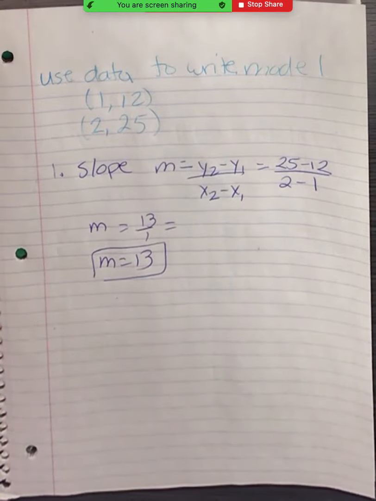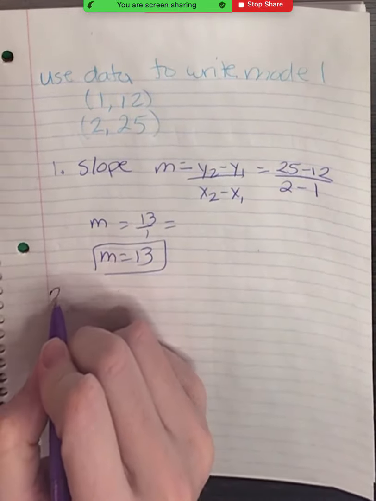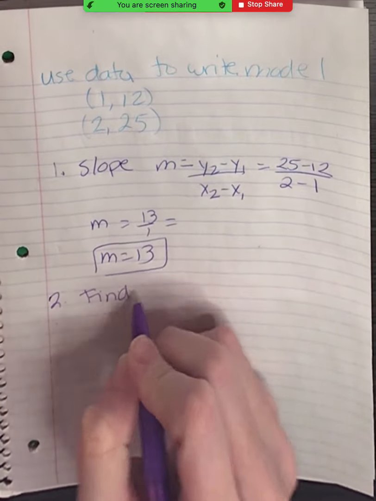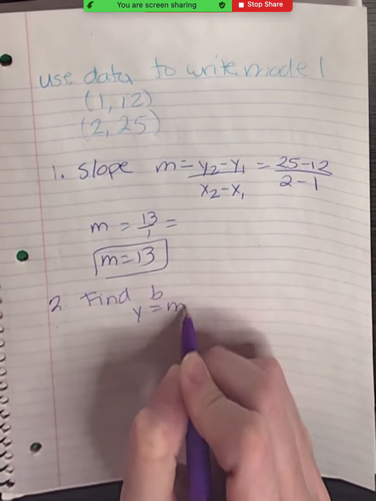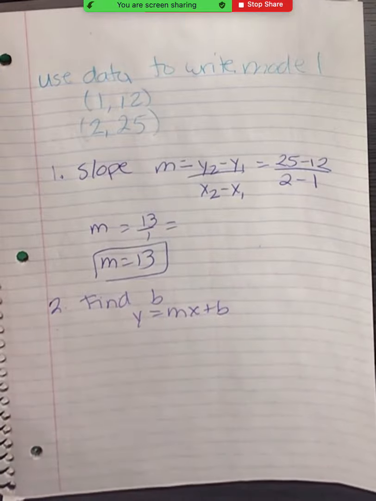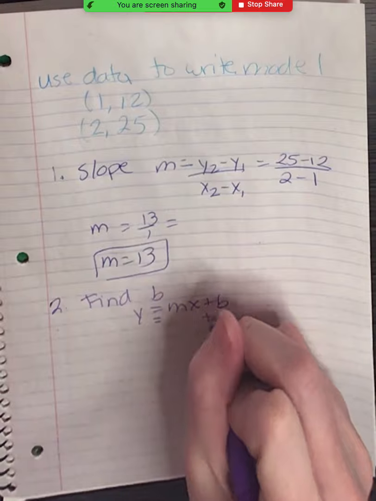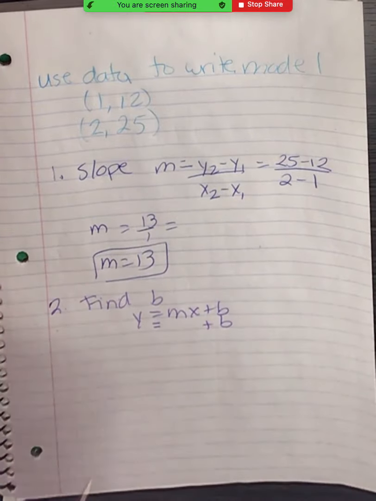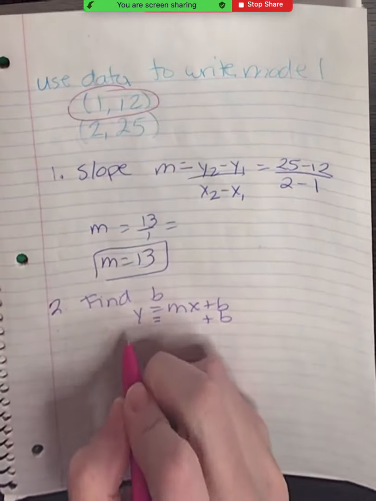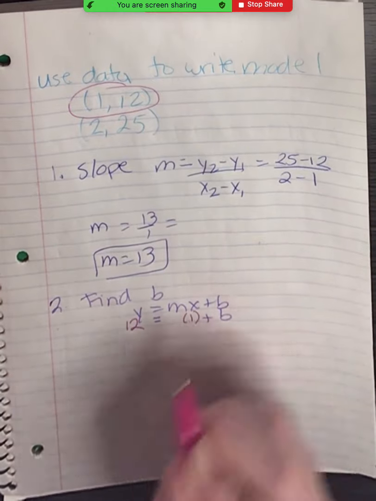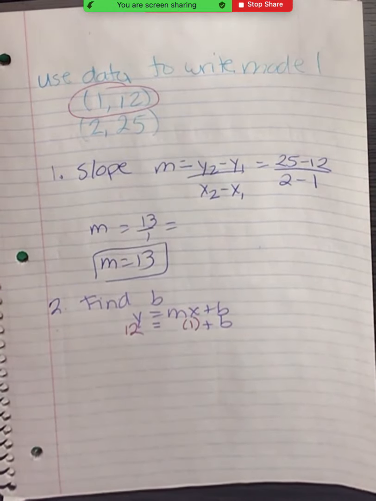Then you need to write the equation. So we need to find b. So we know y equals mx plus b. So I'm going to use one of our points. Let's use 1, 12. So y is 12 when x is 1. And your slope was 13.